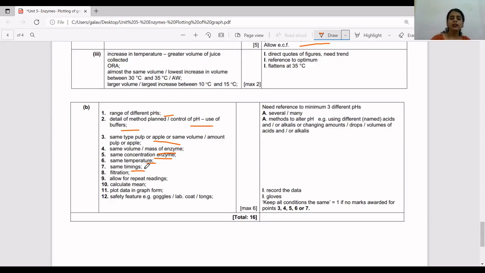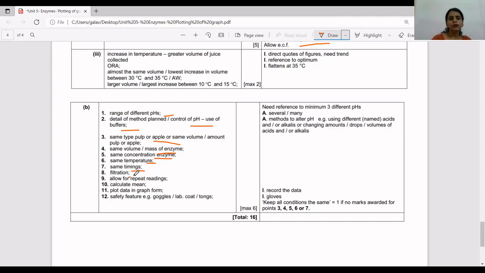You have to keep all the test tubes together with the enzyme and apple pulp for a similar number of minutes. For example, if you keep test tube 1 for 15 minutes, then the rest of the test tubes should also be kept for 15 minutes only.